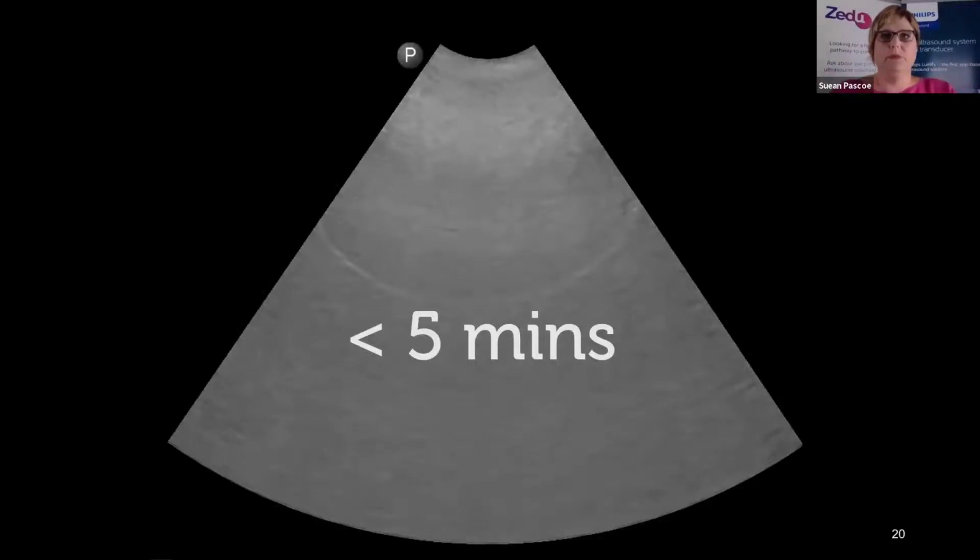There are lots of fancy measurements that are possible, but rather use some of those measurements, and I'll go through some in a minute, as a way to qualify your B-mode evaluation. It's designed to be performed in under 5 minutes. And if you listen to some of Scott's lectures, he even advocates that experienced users can perform it in under 2 minutes. So it does depend on how experienced you are, of course.